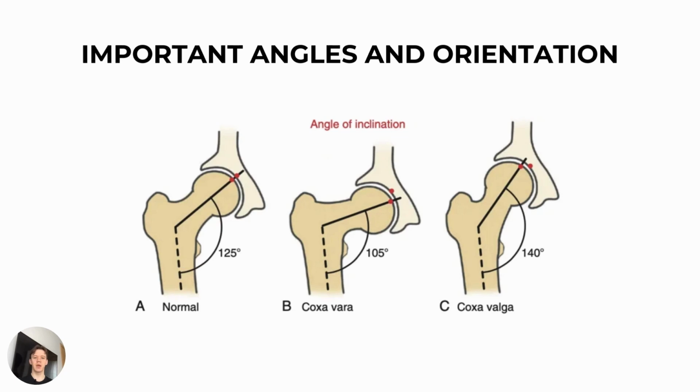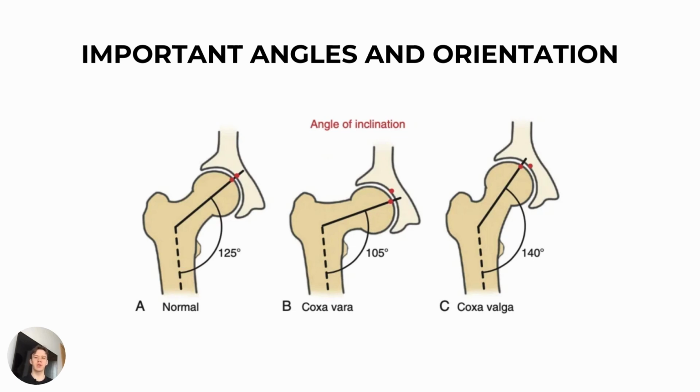Okay, so some important angles and orientations once again in terms of the hip joint. Talking about the frontal plane, we usually talk about the angle of inclination. The inclination angle is the angle between the femoral neck, as you can see here, and the shaft of the femur in the frontal plane.